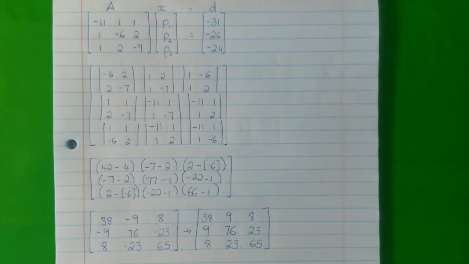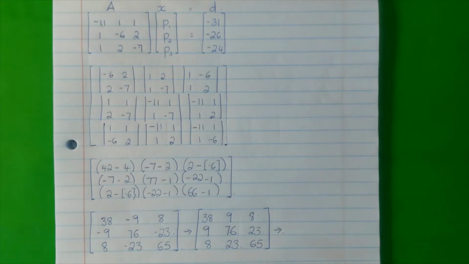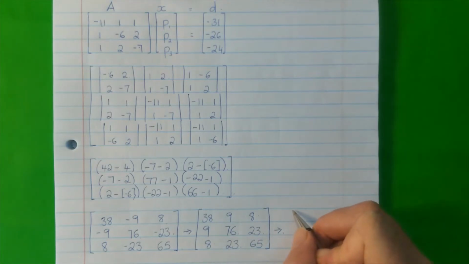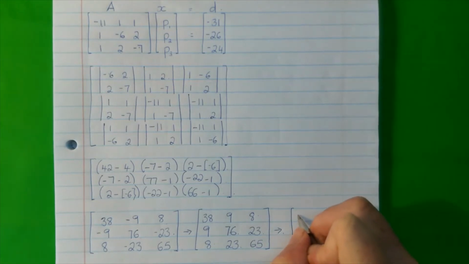Okay, our next step now is to find the transpose of this matrix here. And remember, what happens for the transpose is the first row becomes the first column in the transposed matrix. Second row becomes the second column, third row becomes the third column. So basically the rows and the columns switch around.